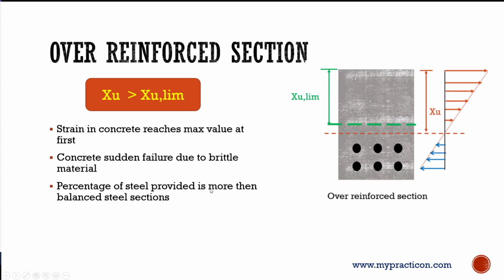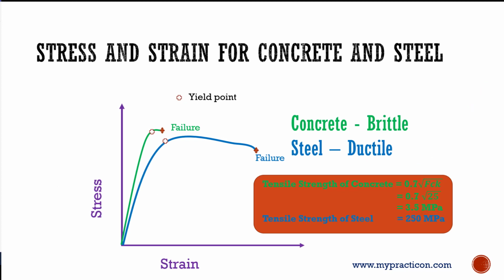Now come back to the over reinforced section. Whereas in over reinforced sections, the strain in concrete reaches first and then steel reaches second. So now if you look into the failure mechanism, in the graph, first concrete reaches the yield strain first.